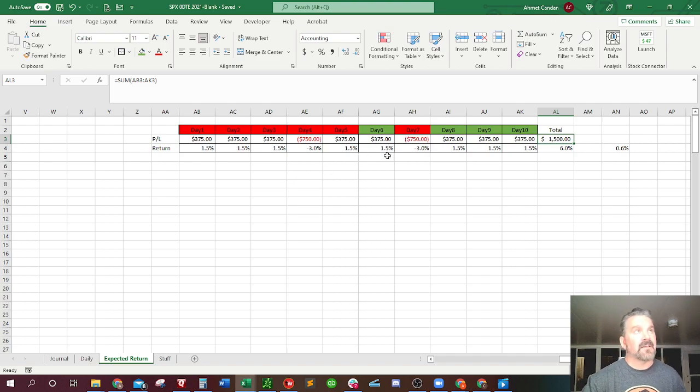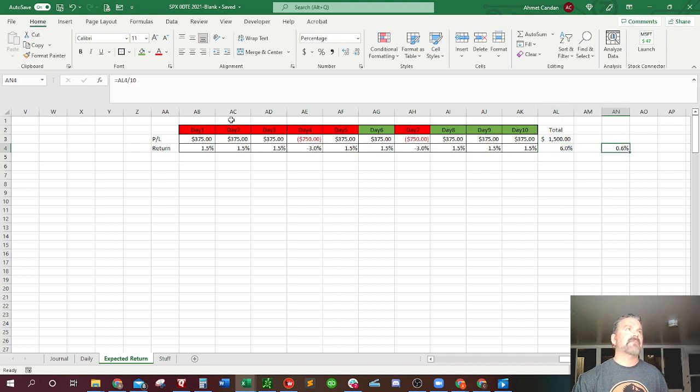Also, if you think about it like this, we have 4 days that actually count toward our profit at 1.5%. Well, 1.5 times 4 equals 6%. All right, so 6%, and then if you were to divide that by 10 to get the daily average, that's where we get the 0.6%.